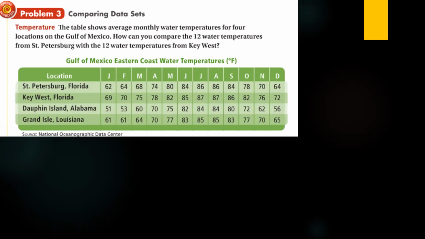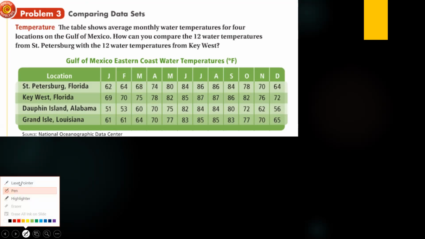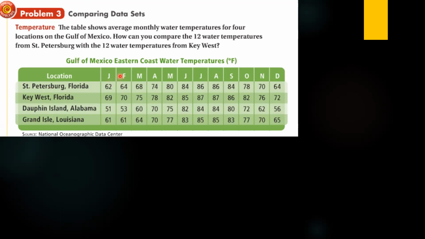Here, as you see, in January, we have 62. The temperature here is 62 Fahrenheit. In February, it's 64, March, 68, April, May, June, July, August, September, October, November, December. And in Key West here, in January, we have 69, February, 70, and so on until December.